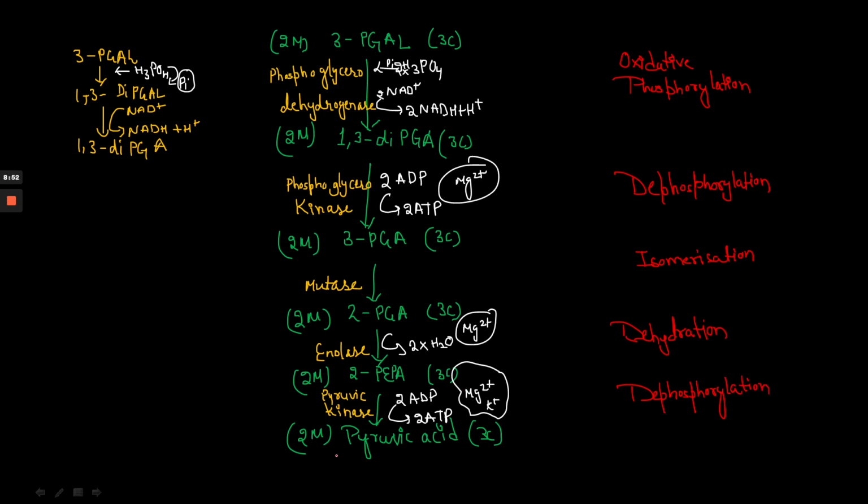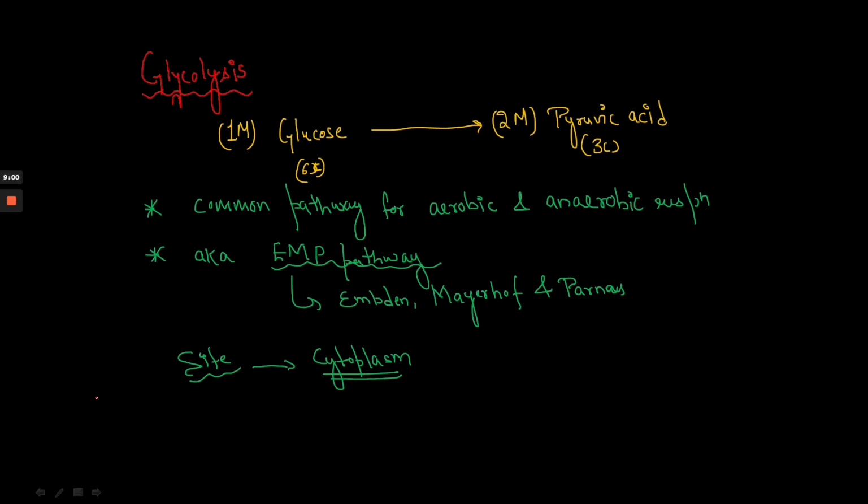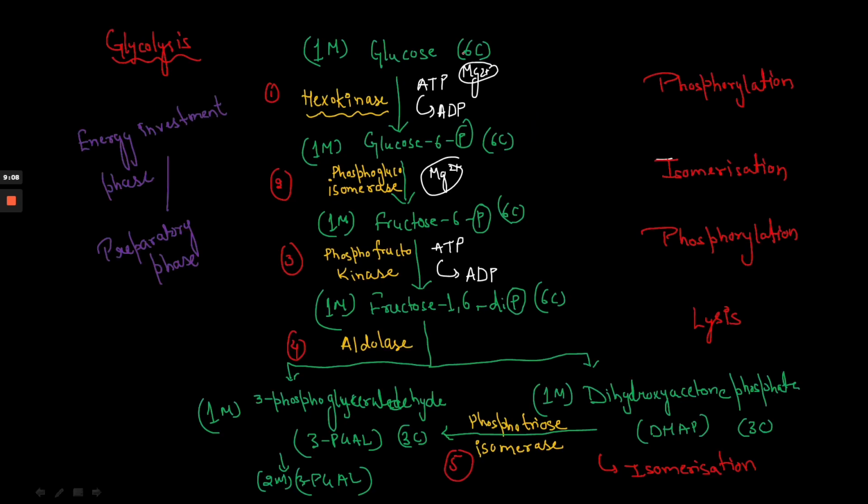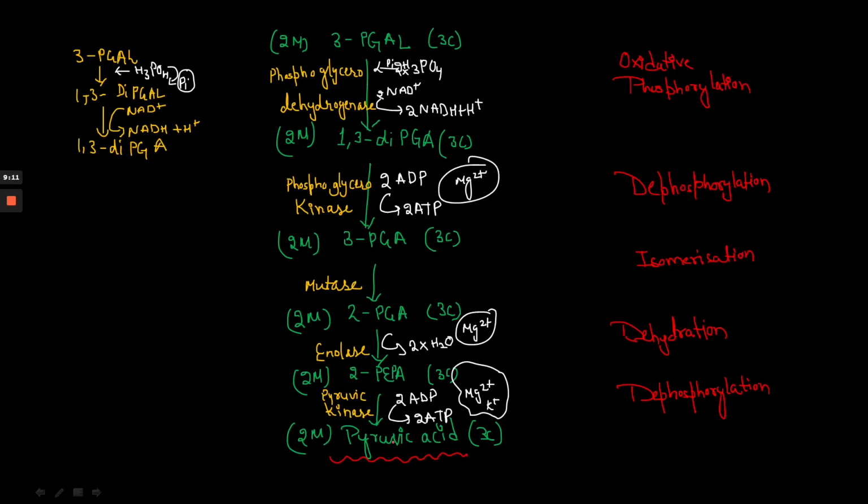So we have ultimately got 2 molecules of pyruvic acid, which was the goal of the glycolysis process. If you remember, we said that 1 molecule of glucose is going to get converted into 2 molecules of pyruvic acid. So we have started with 1 molecule of glucose and we have now got 2 molecules of pyruvic acid.